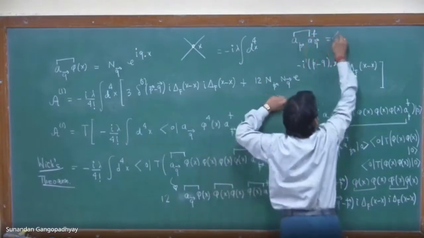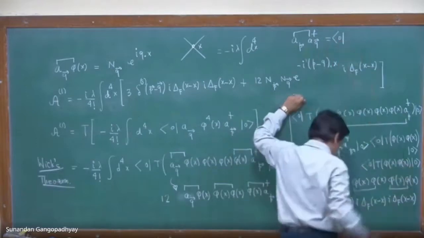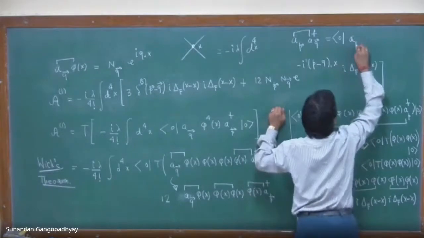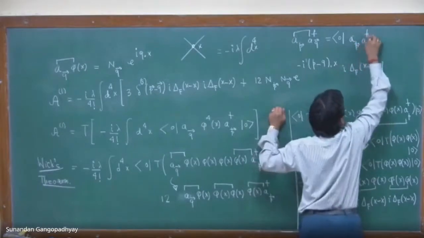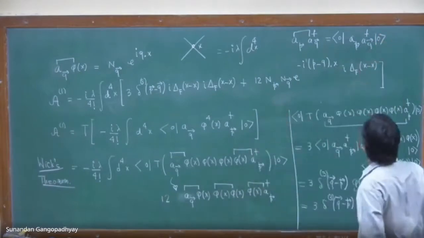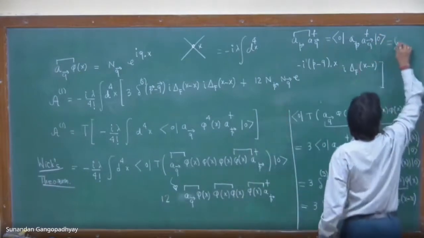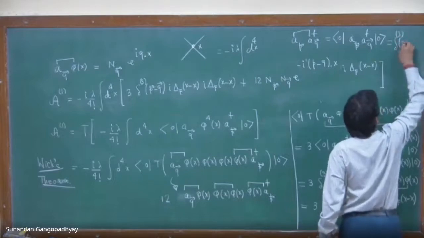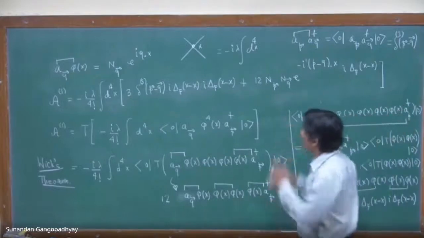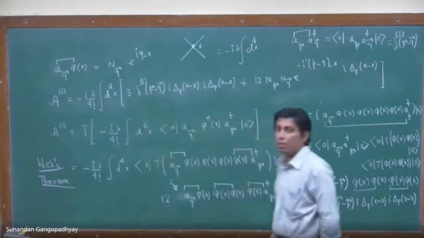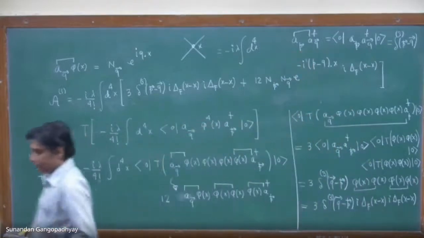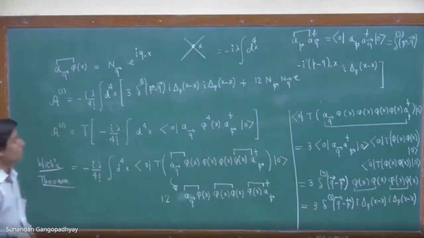Because this is nothing but the vacuum expectation value of A P, A dagger Q, H.C. This gives us delta 3 P minus Q. So this term is nothing but the contraction of A P and A dagger Q, the Dirac delta function.